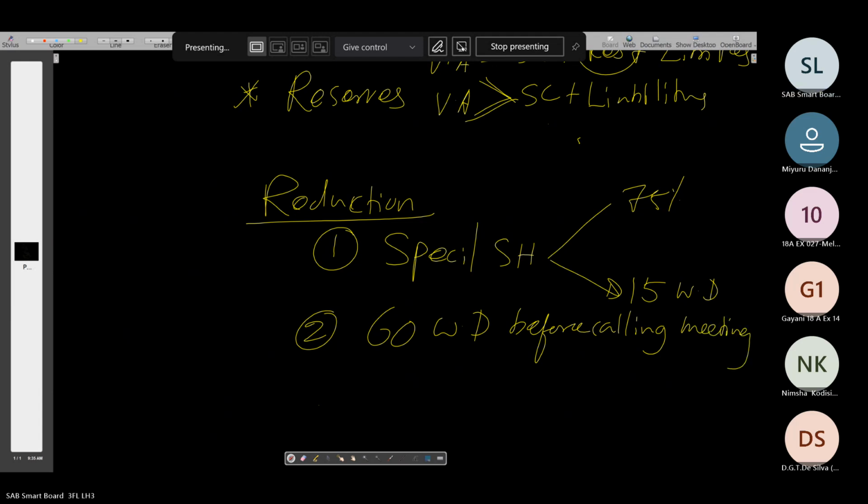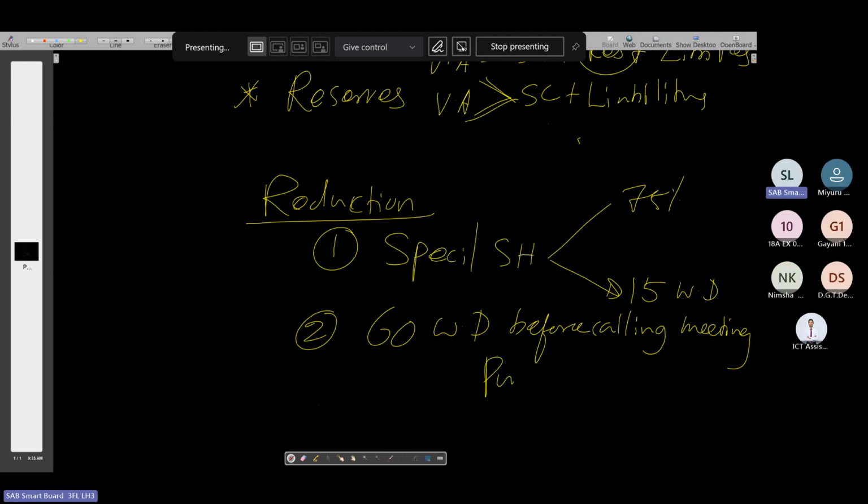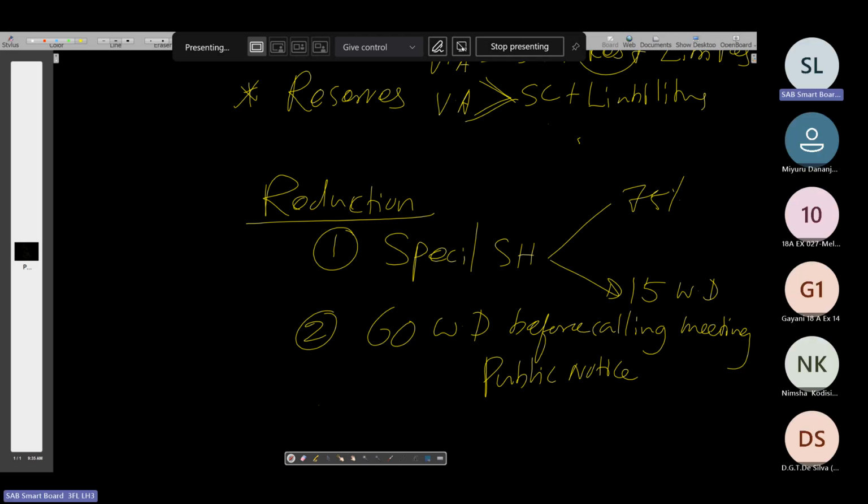Sixty working days before calling the meeting to pass the special resolution, the company has to give a public notice. To whom is this notice given? The public. The notice to shareholders can first be communicated to their personal address.